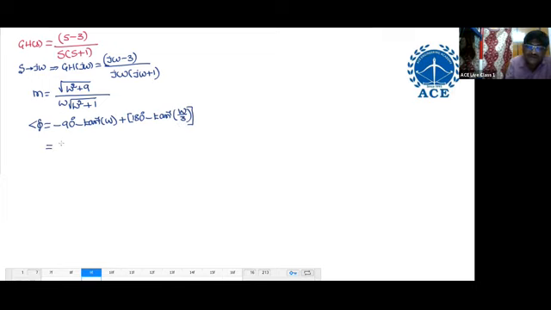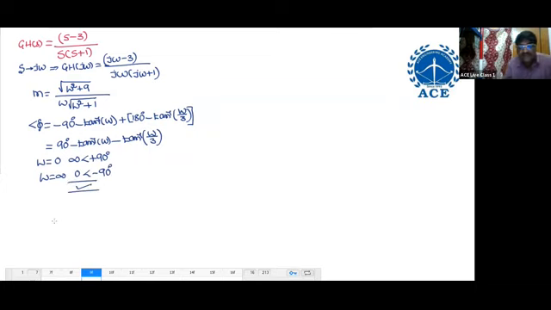Now simplify this. 90 minus tan inverse omega minus tan inverse of omega by 3. Omega 0 to infinity, plus 90. Omega infinity, minus 90. Satisfied our condition.